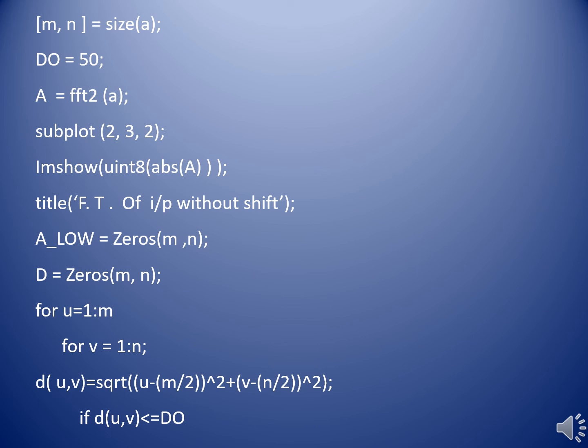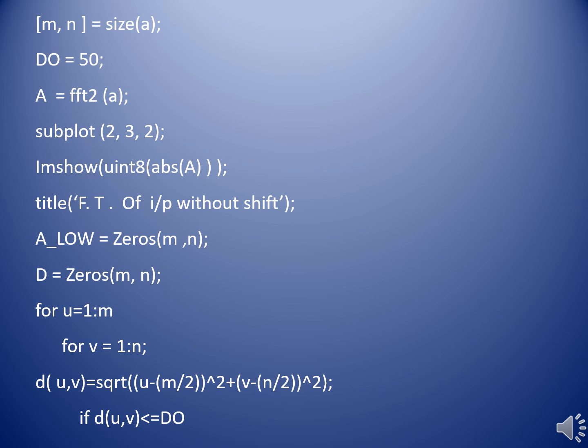Here we have used a variable for storing the low pass image. For u is equal to 1 to m and for v is equal to 1 to n, where u and v are coordinates of the image, D of u v is equal to the square root of u minus m by 2 whole square plus v minus n by 2 whole square.